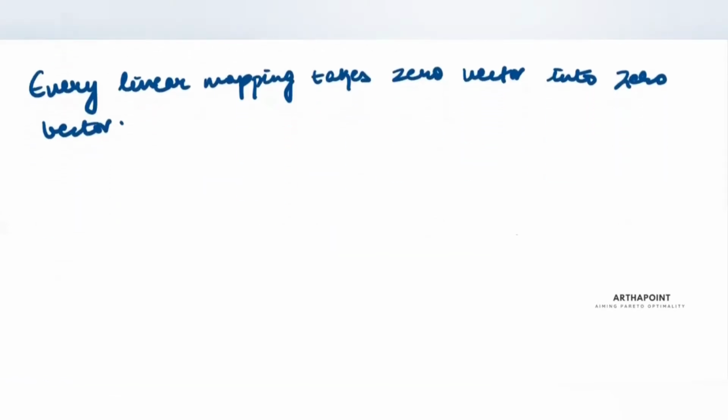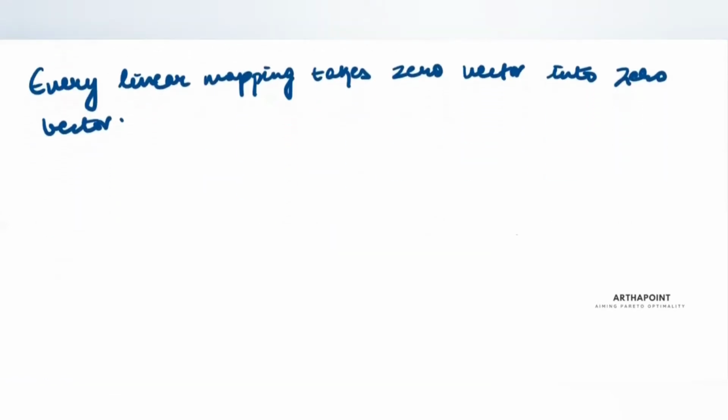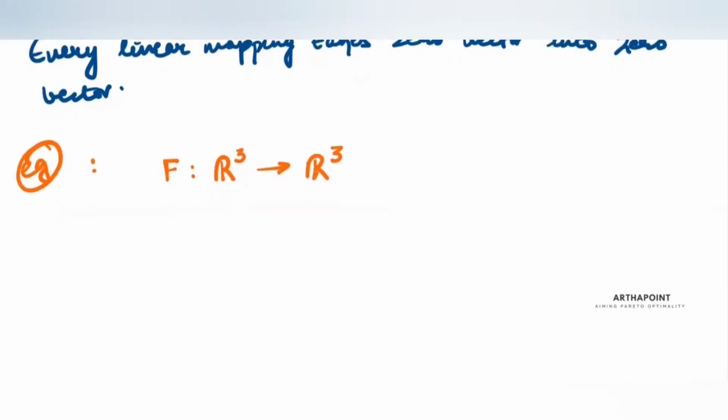Now let's take some examples and see if they are linear mappings or not. Take this example. Suppose I have a function that goes from R3 to R3. What this function does is the following.